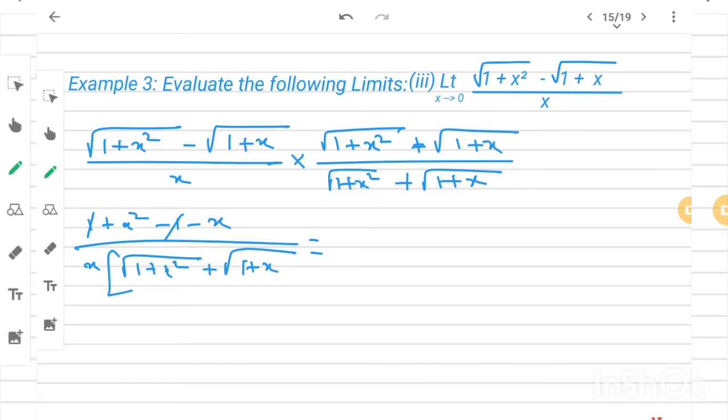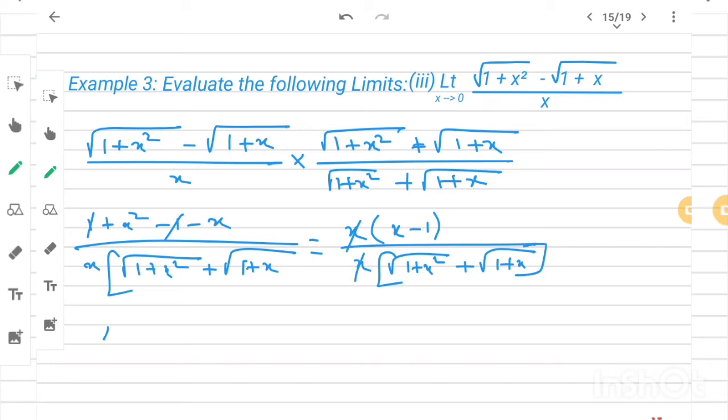You will get x square minus x. From those two terms I can take x as common. So x of x minus 1, in the denominator x of root of 1 plus x square plus root of 1 plus x. Now this x and this x will get cancelled.